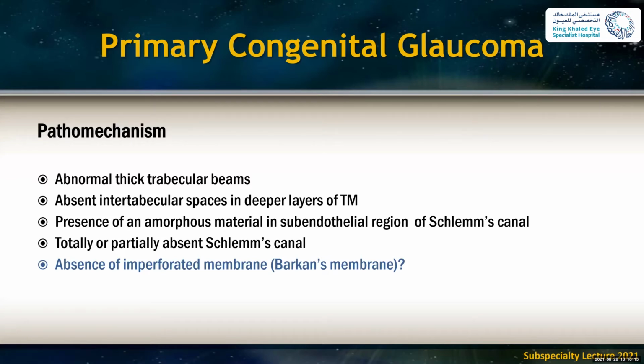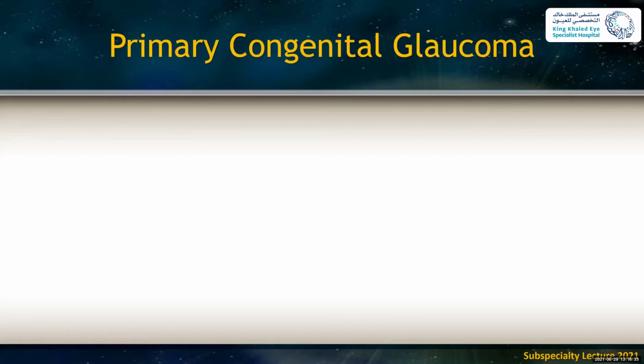But until now, histologically as well as with electron microscopy, nobody could confirm the presence of an imperforate membrane in front of Schlemm's canal, in front of the trabecular meshwork.